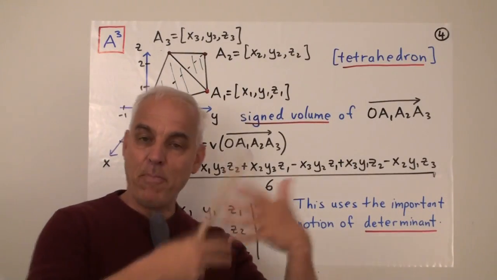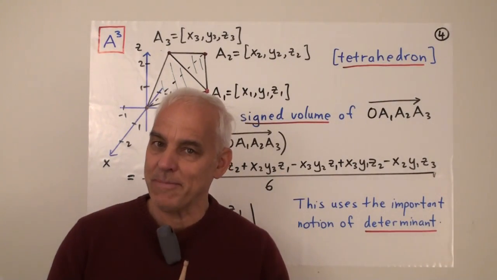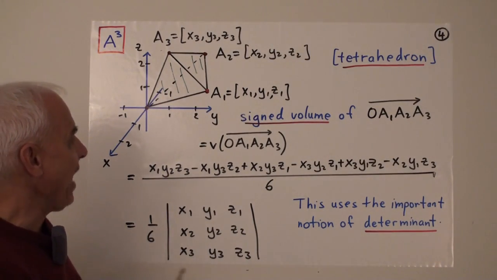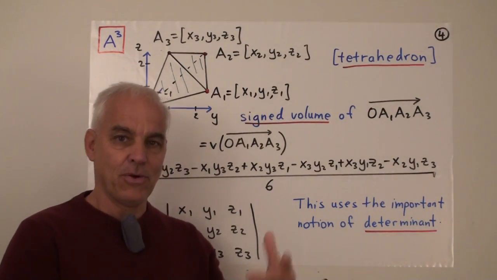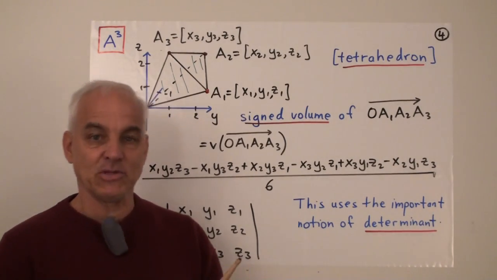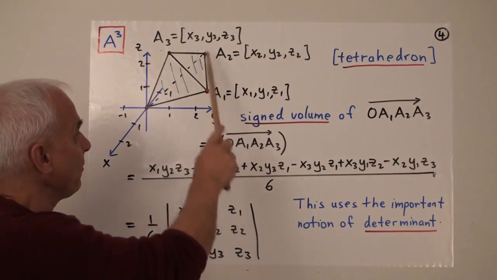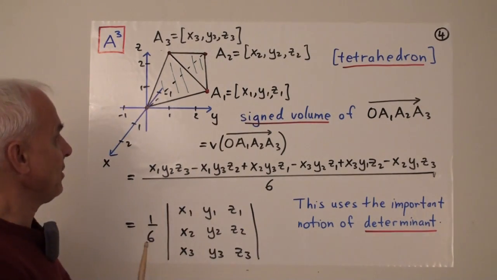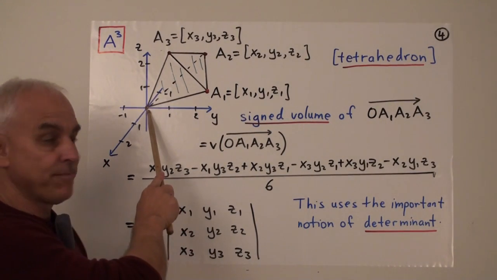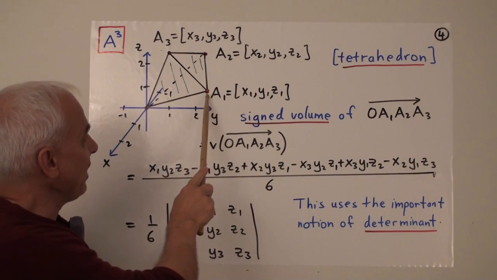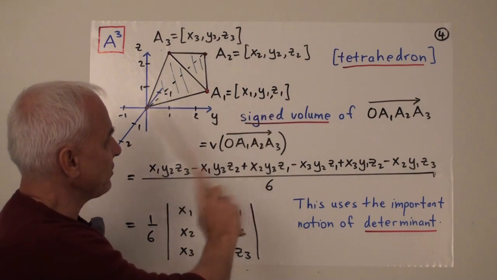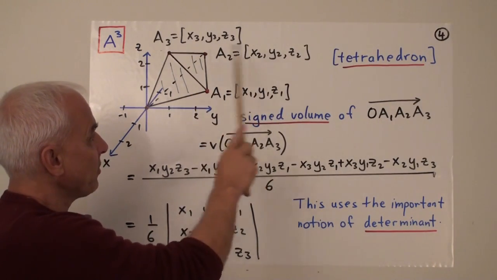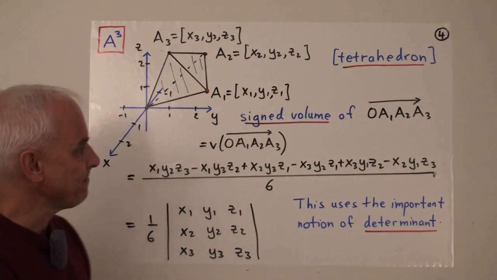Excellent. So now let's go up one dimension to our three-dimensional affine space. And we'll consider the analog of a segment or triangle in this three-dimensional space, which is a tetrahedron formed by 4 points. And we'll put one of those points at the origin, and the other ones will be A1, coordinates (x1, y1, z1), A2, and also A3, the corresponding coordinates.